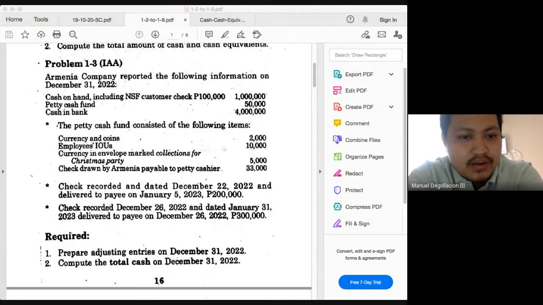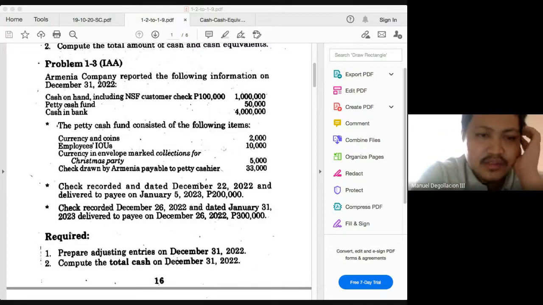But what have we done in our records? We have already deducted this from our cash in bank balance. So what we're going to do here is to add back the 300,000. We have already tackled the treatment for all these potential adjustments. Based on everything, cash on hand should be at 900,000.